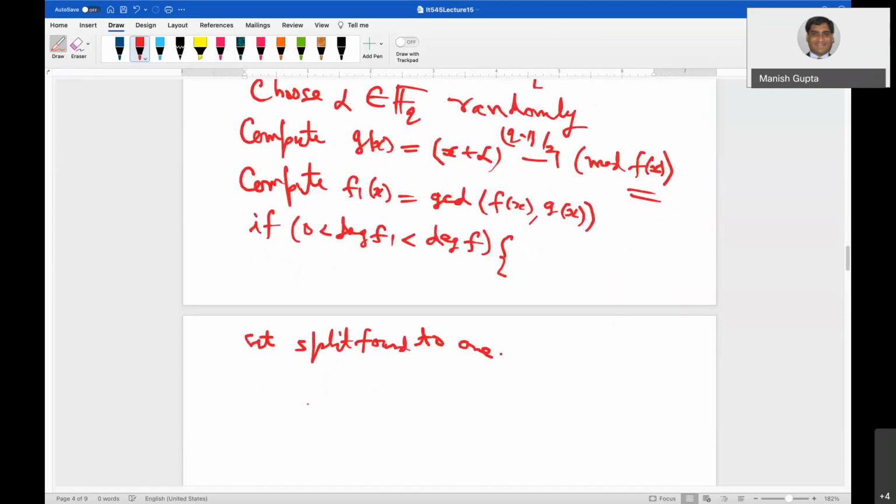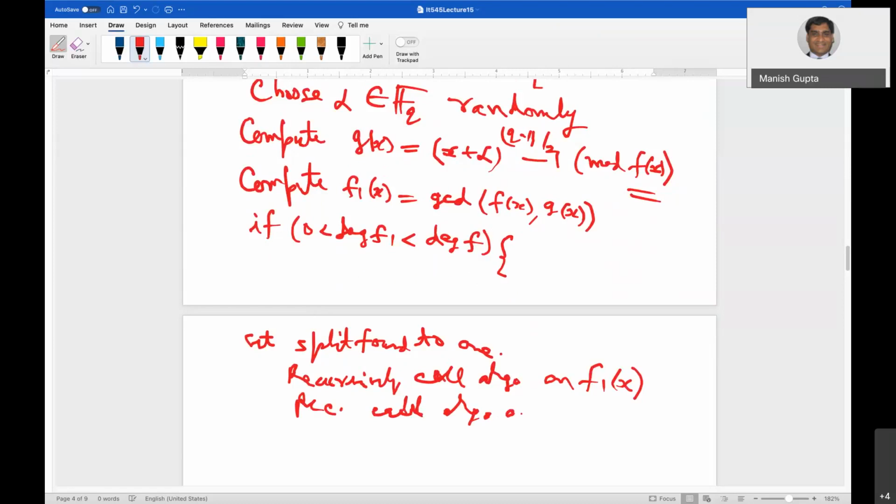Then we recursively call algo on f1 of x and also recursively call algo on f of x divided by f1 of x. Then we close it.